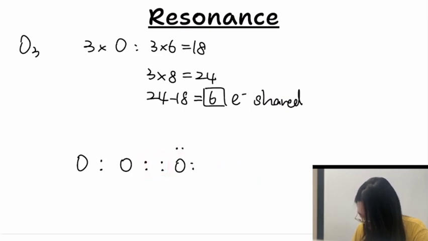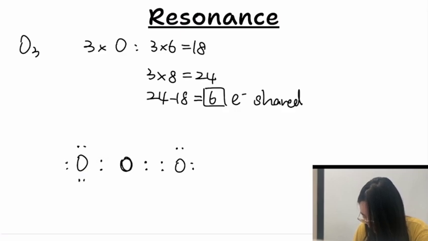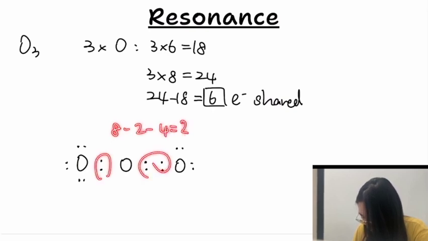For this oxygen, 8 minus 2 is equal to 6, so it has 6 lone pair electrons. For the central oxygen, it will be 8 minus 2 minus 4, which is equal to 2, so 2 lone pair electrons.